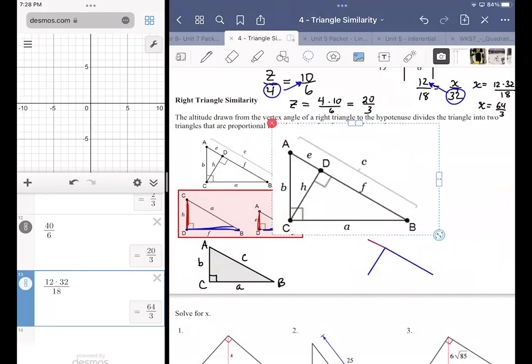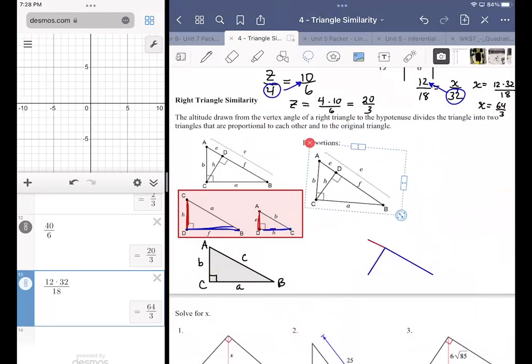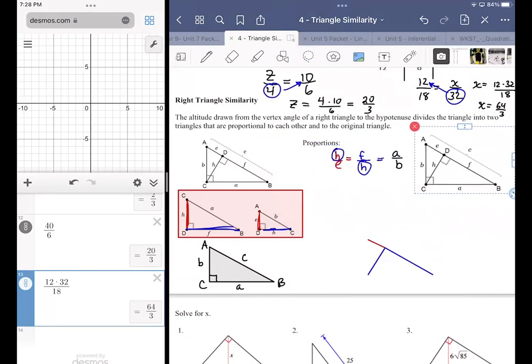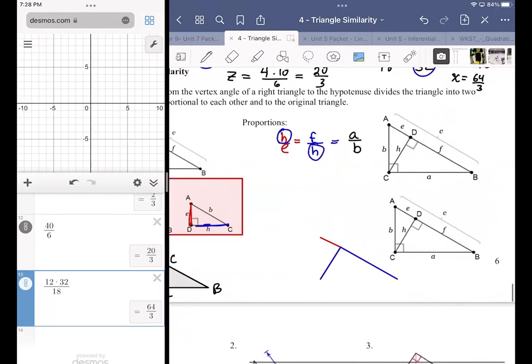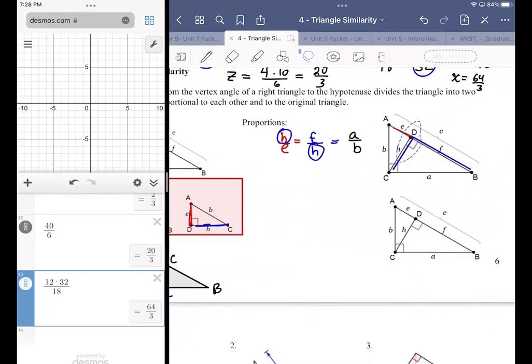Based off of this trio of ratios, I can come up with a couple of different diagrams. So I have the first one we just talked about. Let me redraw.